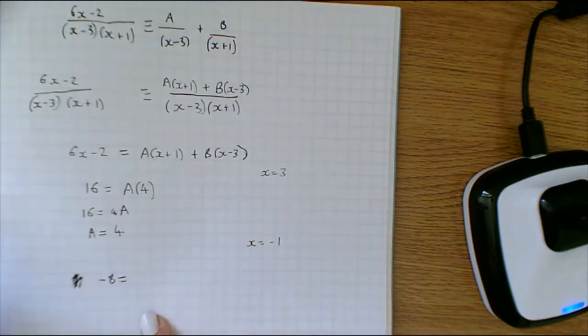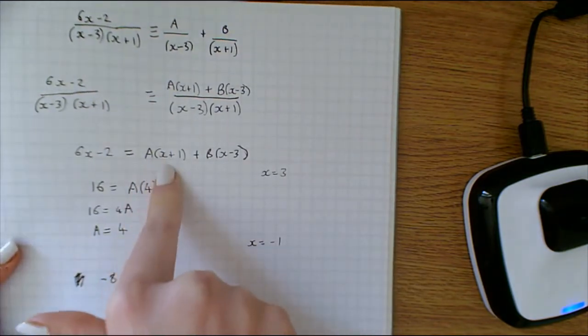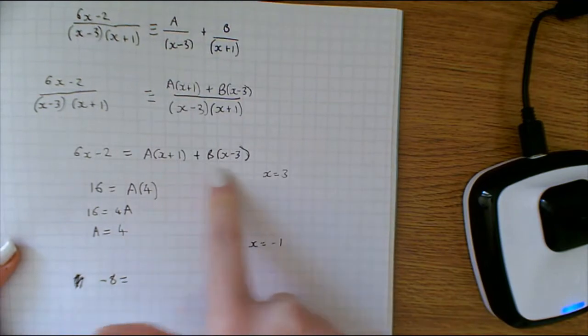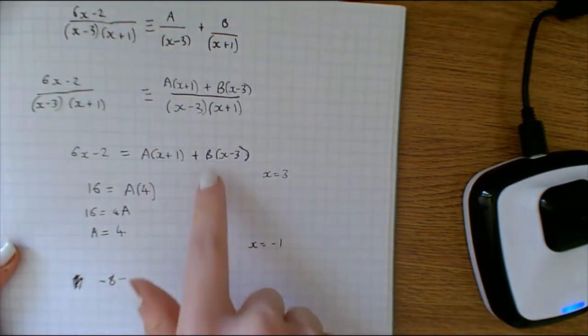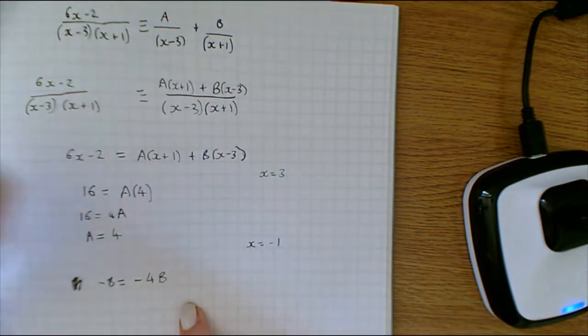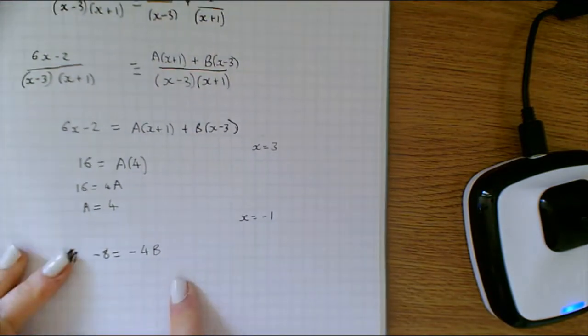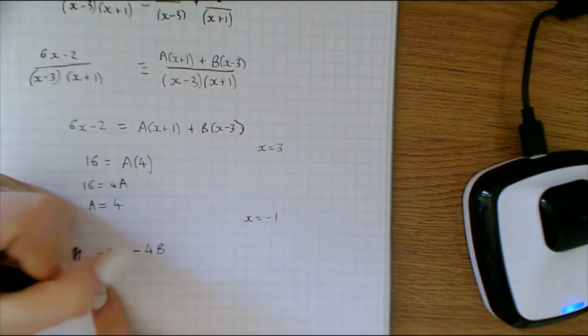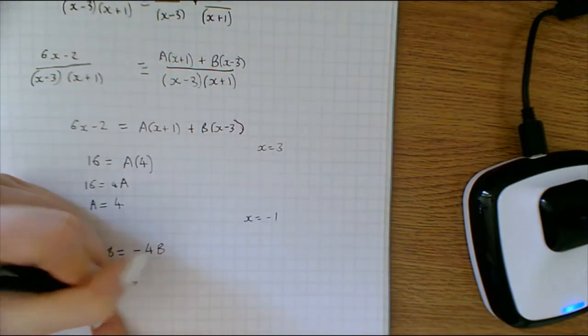When I substitute minus 1 into this bracket, I get 0, so 0 lots of a. And then minus 1 minus 3 is minus 4, so I get minus 4b. So if minus 8 is minus 4b, it therefore follows that b would be 2.